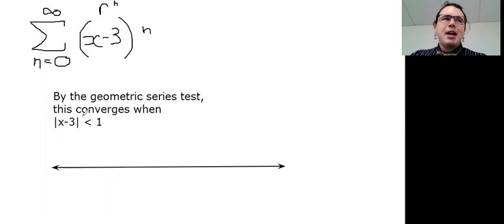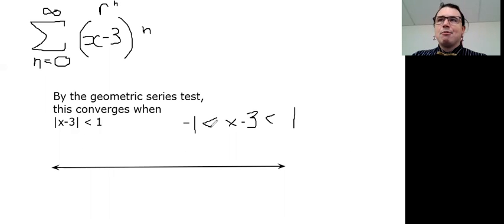Well, what I'll do is I'll say that for this inequality, the quantity x minus 3 could be positive or it could be negative. I lose that information when I take the absolute value. So to try to recover that information, I'll say that x minus 3 definitely has to be less than 1. But just in case it's negative, it also has to be greater than negative 1.